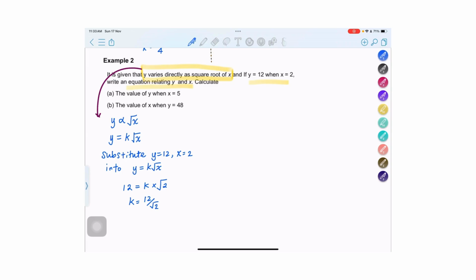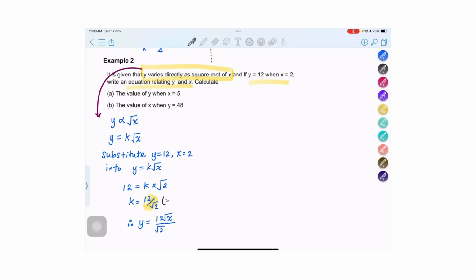So to form my entire equation, from here I will get y equals 12 over square root 2 multiplied by square root x. Or you can change this 12 over square root 2 to 3 significant figures.